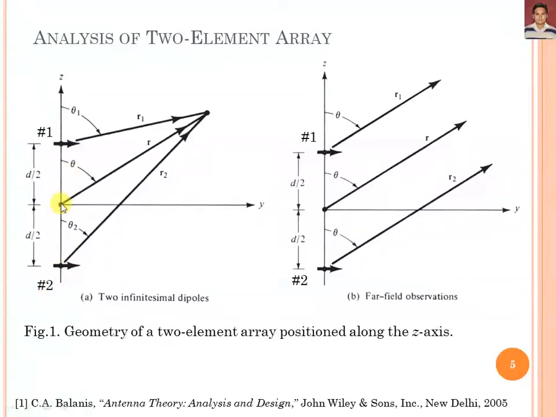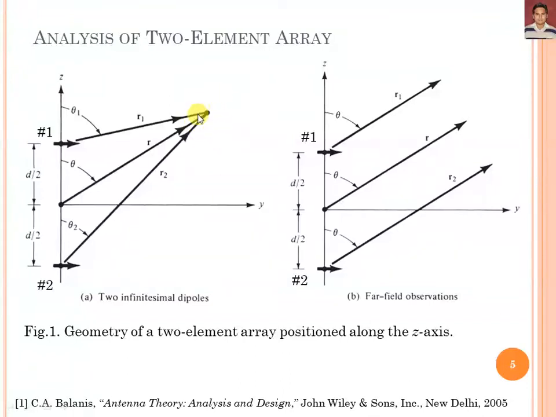From the origin, dipole 1 is located at 0, 0, d by 2, and dipole 2 is located at 0, 0, minus d by 2, and this is the observation point.